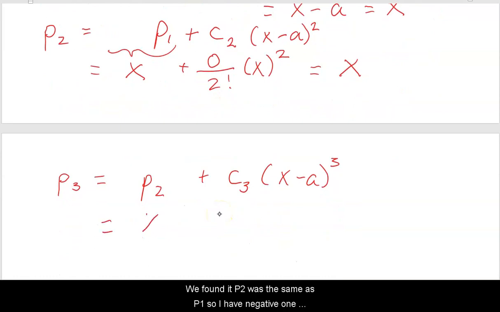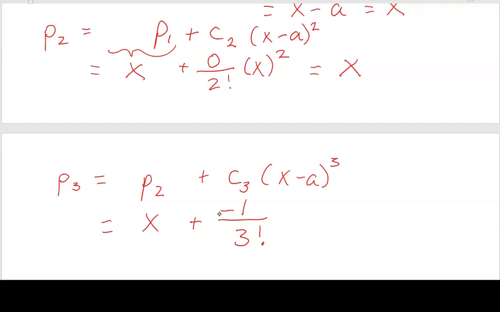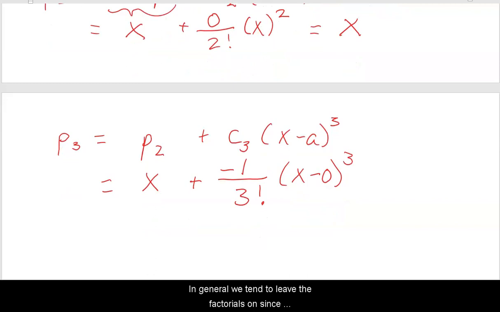We found that P2 was the same as P1, so I have -1 for the third derivative at the center divided by 3 factorial times x minus the center, which is 0, cubed. In general, we tend to leave the factorials on since patterns can be lost if you omit them. This is going to give us x minus 1 over 3 factorial x cubed. That would be the third approximating polynomial.